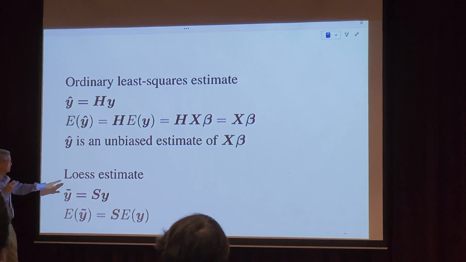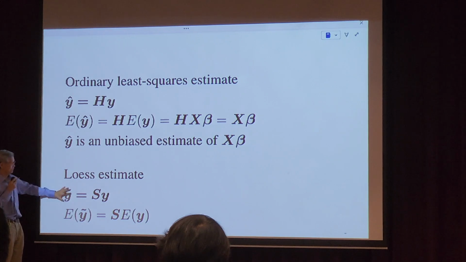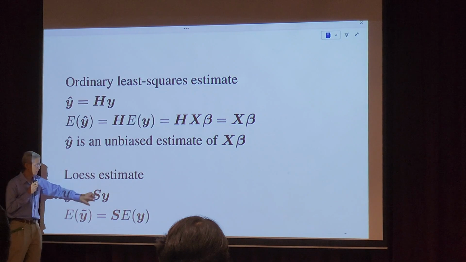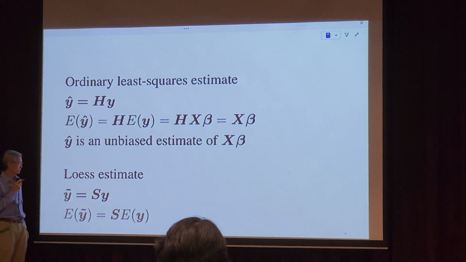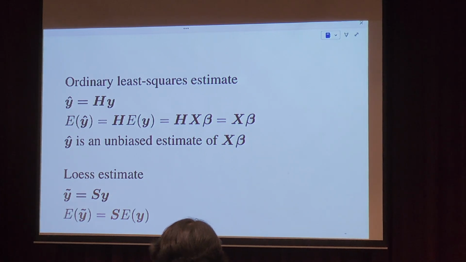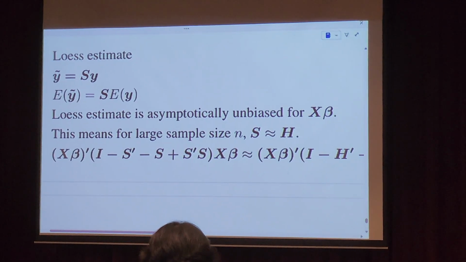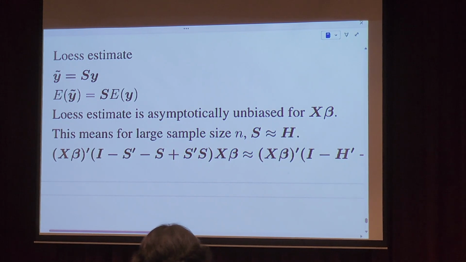Now what about the loess estimate? The theta value is Sy. S is obtained using n weighted least squares regression models. So let's try to find the expected value. It is equal to S times the expected value of Y. Well, there's one fact that you need to remember.